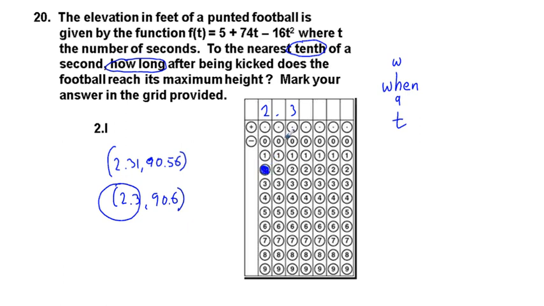If it's not somewhat imaginable, just double check yourself. Common mistake. A lot of people will go ahead and pick this second value for height. In a problem like this, it's usually time or position.